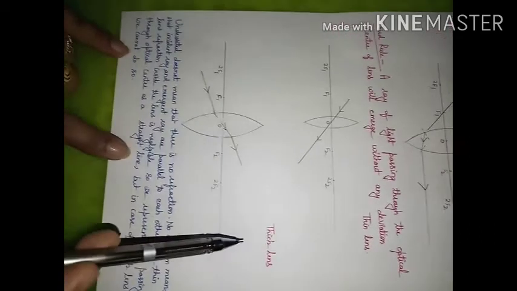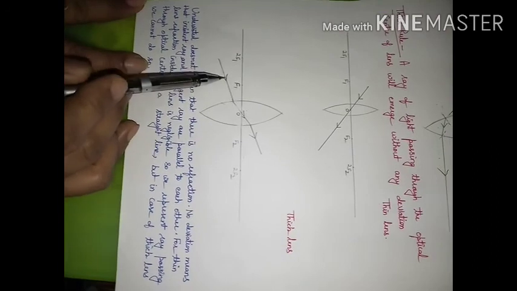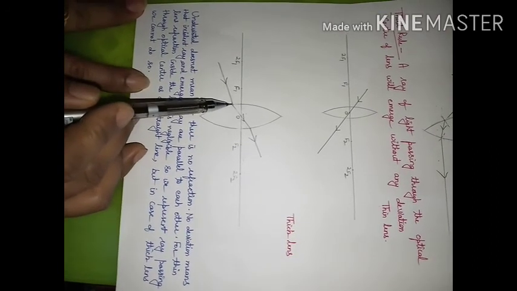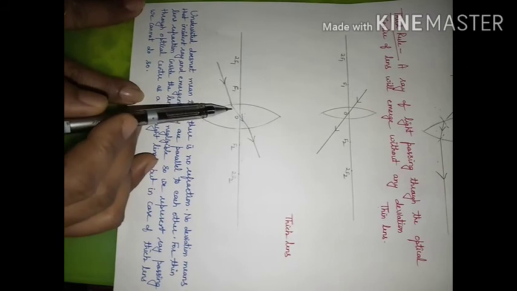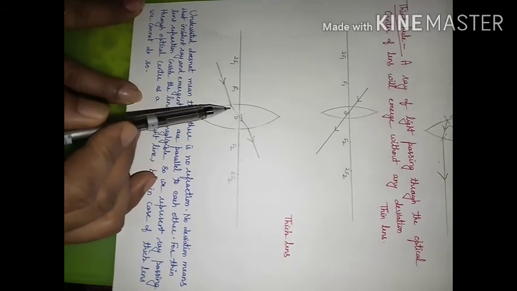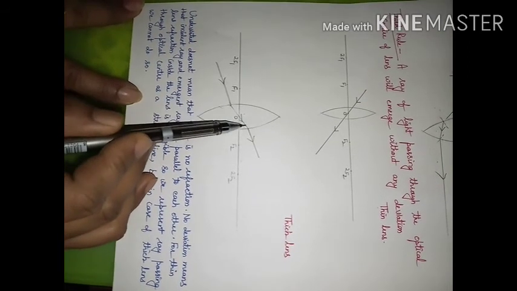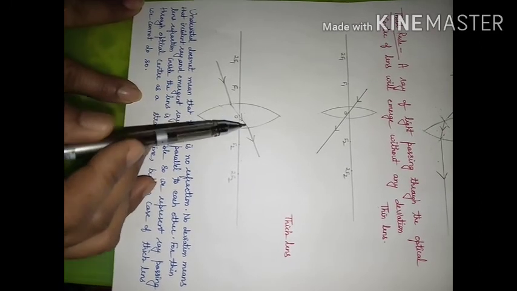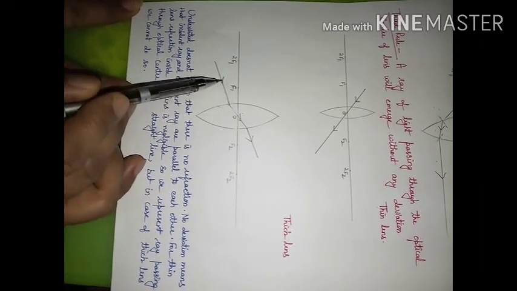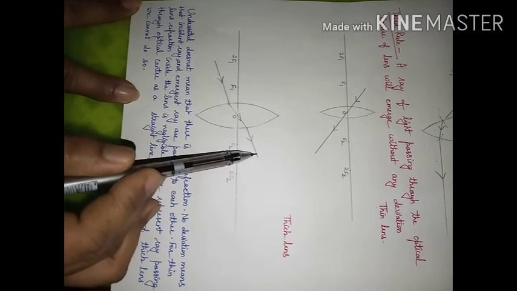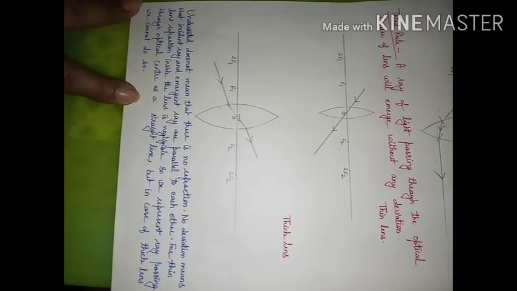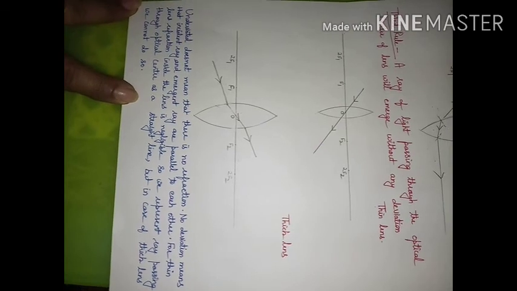If you consider a thick lens, this is the incident ray. So here bending will take place, in the sense that the ray of light passing through the optical center will be like this, and this is your emergent ray. So this is incident, this is emergent. You can consider they are parallel with respect to each other.